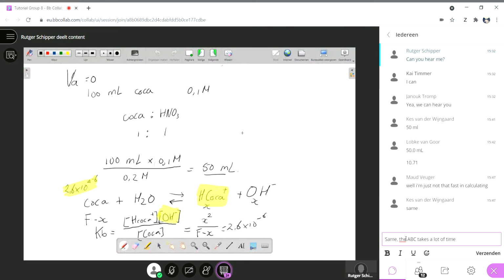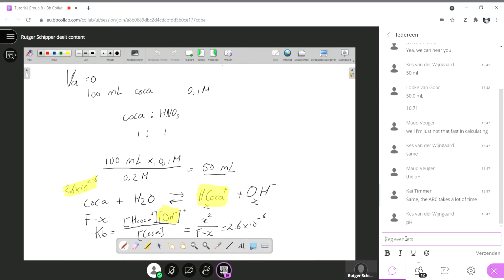So do you mean calculating the equilibrium volume, or the pH in the first part? Because if it's the pH calculation, I totally get it, because you have to use the quadratic equation, or in Dutch, the ABC formula.